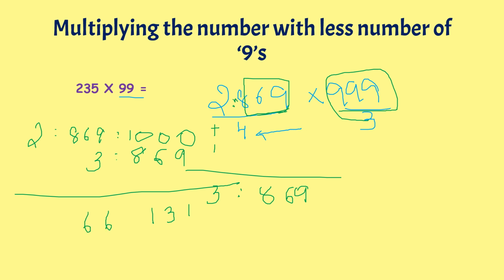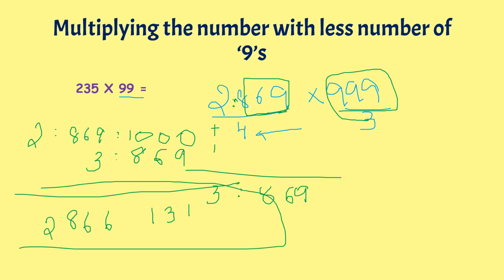So 6 8 2 is our desired answer. If you want to check with the calculator, this is your desired answer. This is how you can arrive at the answer so easily.